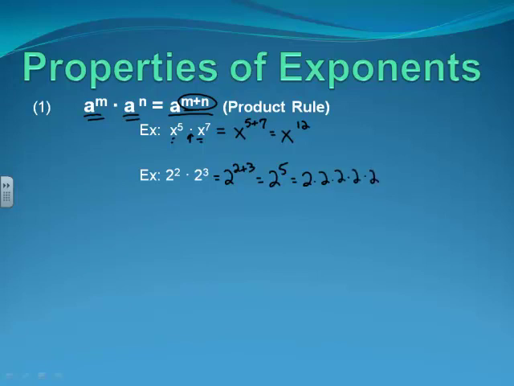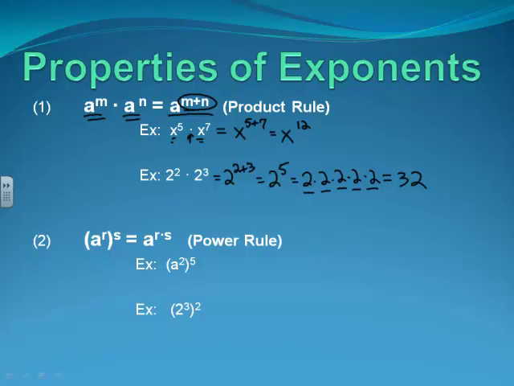We've got a series of 5 2's being multiplied together, and multiplying left to right, 2 times 2 is 4, times another 2 is 8, times another 2 is 16, times another 2 equals 32.